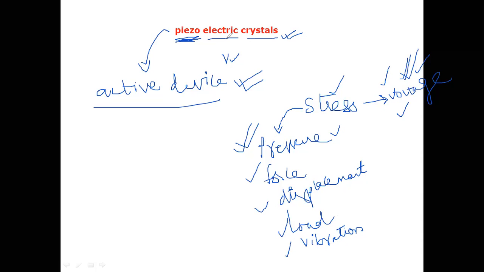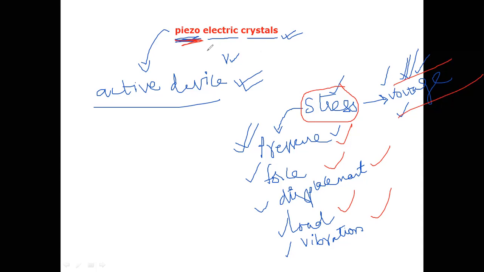So pressure, force, displacement, load, vibration, etc. can give me stress. If stress is applied on a crystal, then the crystal converts this applied stress, piezo meaning stress here, into an electric signal, voltage.